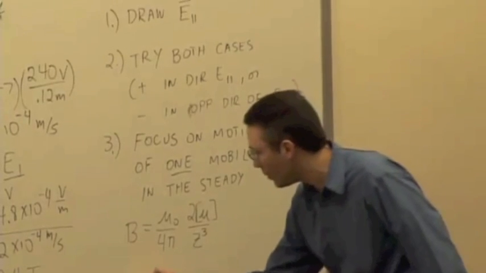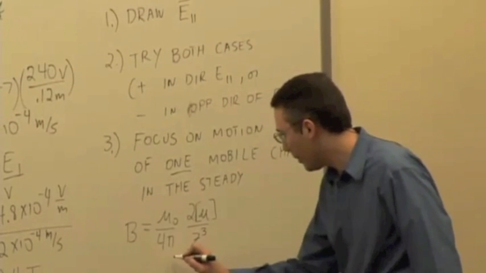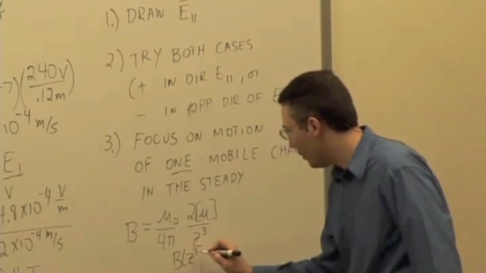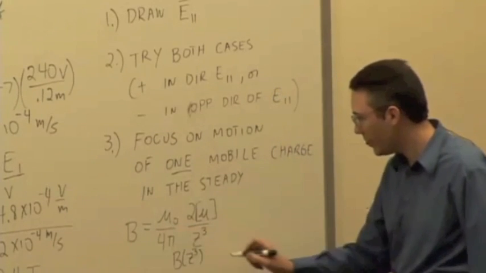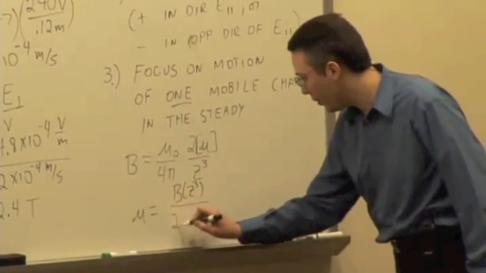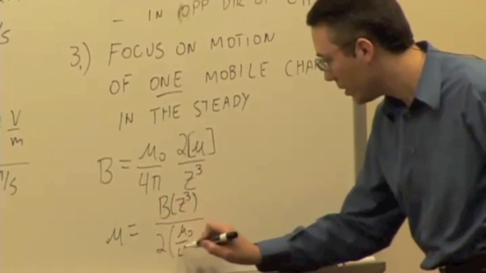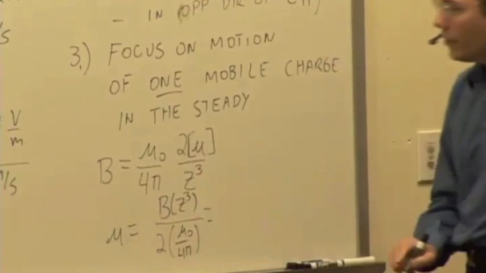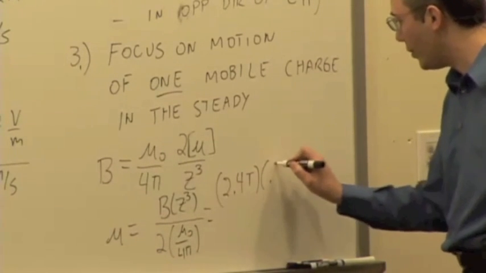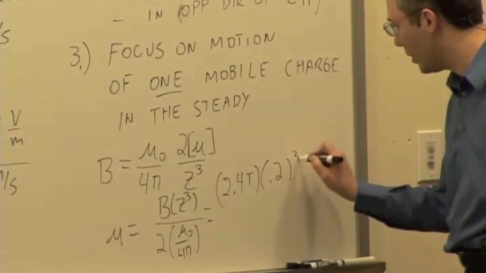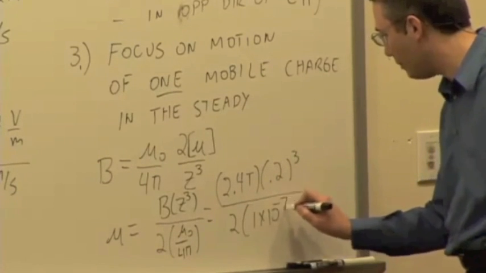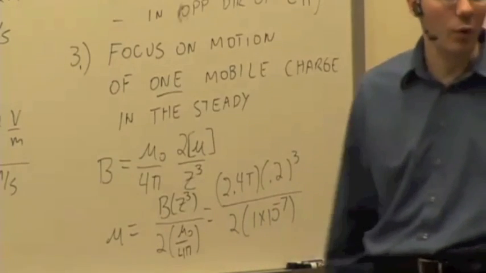We could solve for that at this point. And it looks like we're probably going to get a pretty high number here. So we have B, the magnetic field, times the distance cubed, divided by 2 divided by mu naught over 4 pi. So we have 2.4 Teslas times 0.2 meters cubed divided by 2 divided by 1 times 10 to the minus 7, which gives us what?